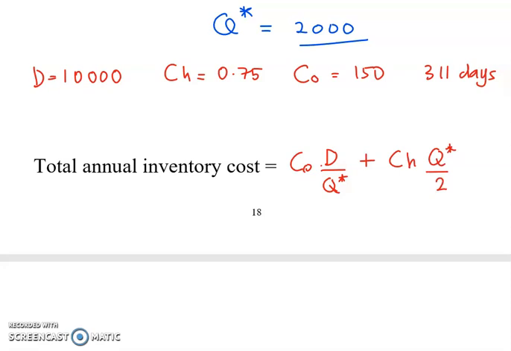This is actually the average holding cost. So just substitute all the information.